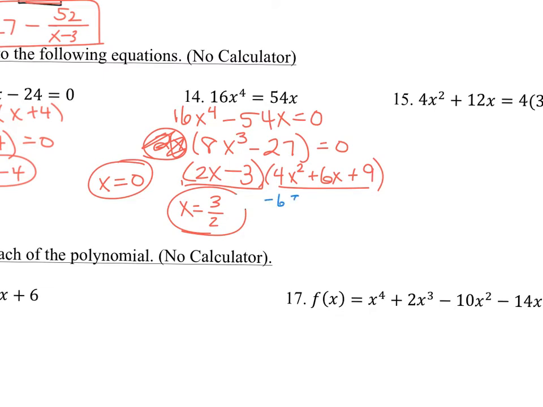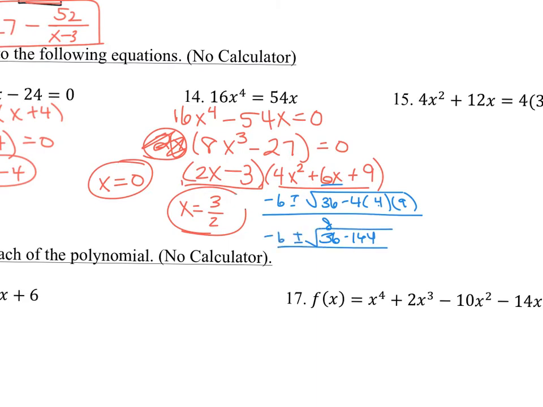Negative b plus or minus the square root of b squared minus 4 times a times c, all over 2 times a. I'm going to go ahead and make that 8. 4 times 4 is 16. 16 times 9 is 144. 36 minus 144 is negative 108.